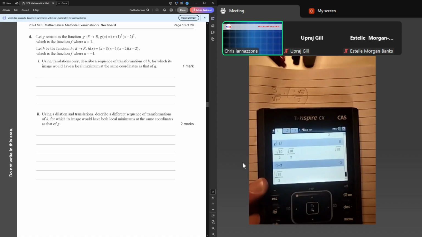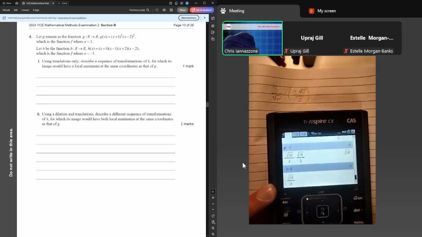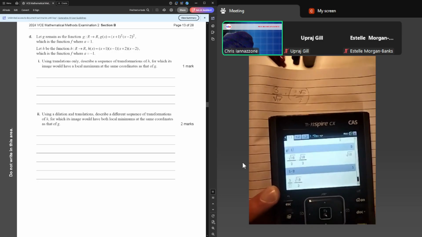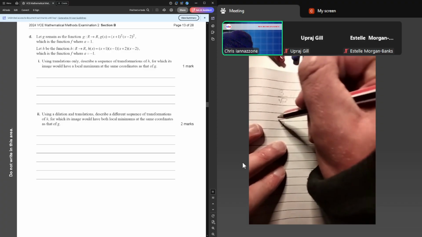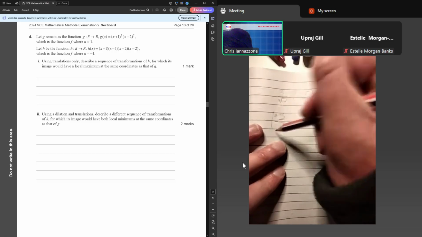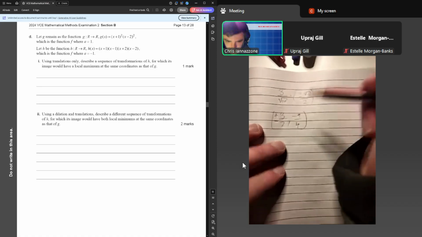Anyway, so you have your root 10 on 2 multiplied by 3 over root 10. That's going to get you to 3 over 2 plus minus. That's the x coordinates. The y coordinate is going to stay as it was.